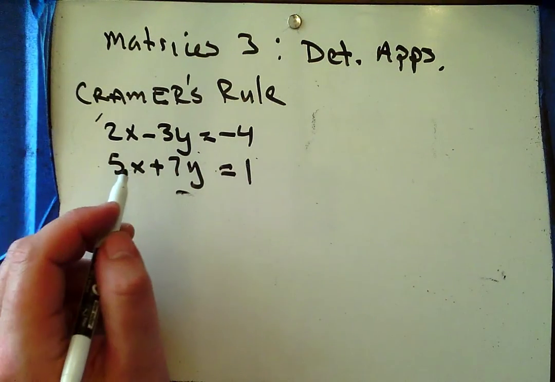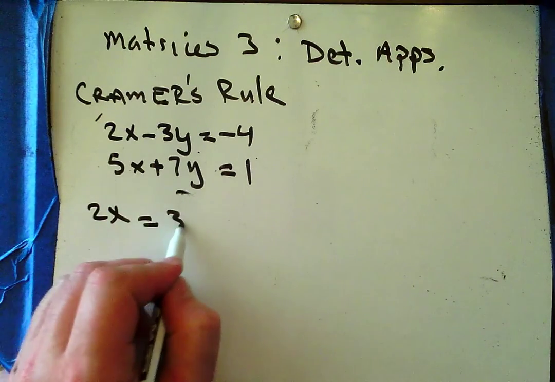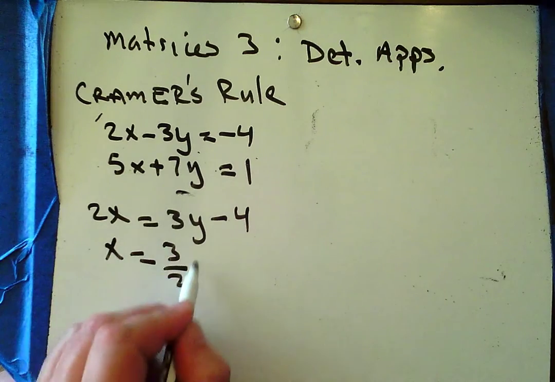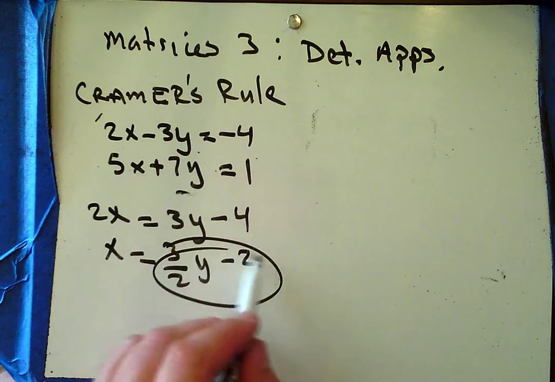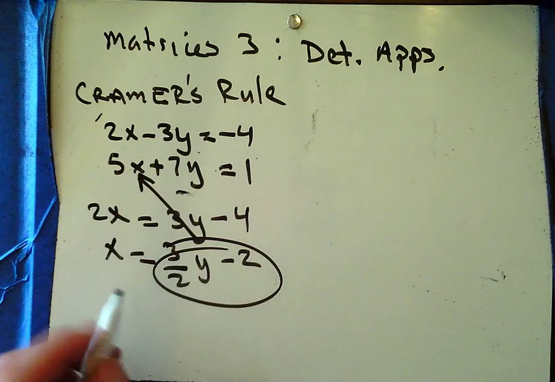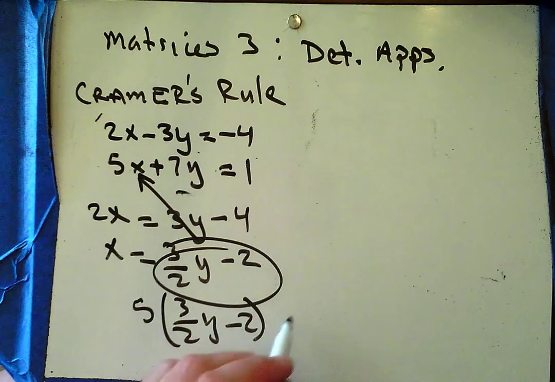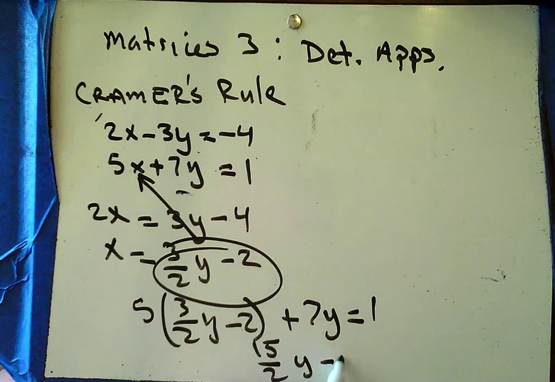Hey, let's solve this system with substitution. 2x equals 3y minus 4. x equals 3/2 y minus 2. And then I take this and I plug it in for the x in the other equation. 5 times 3/2 y minus 2 plus 7y equals 1. And so I get 15/2 y minus 10 plus 7y equals 1.